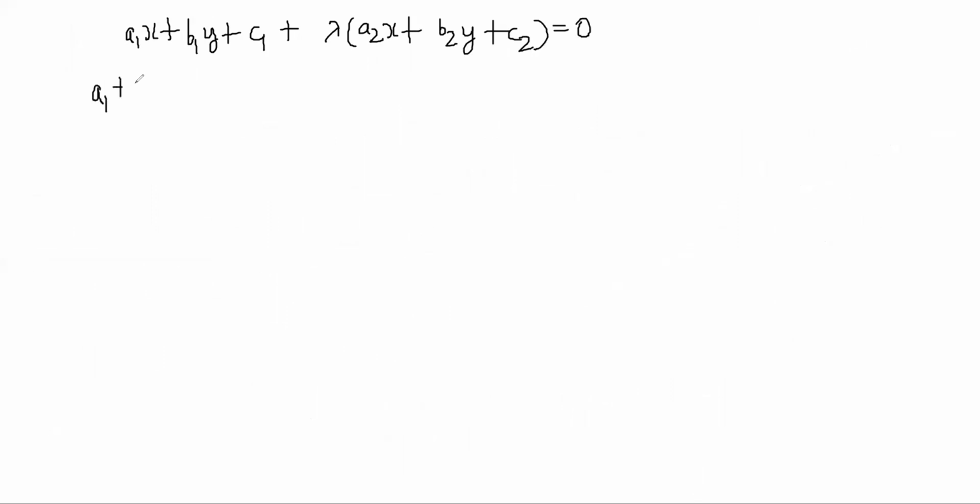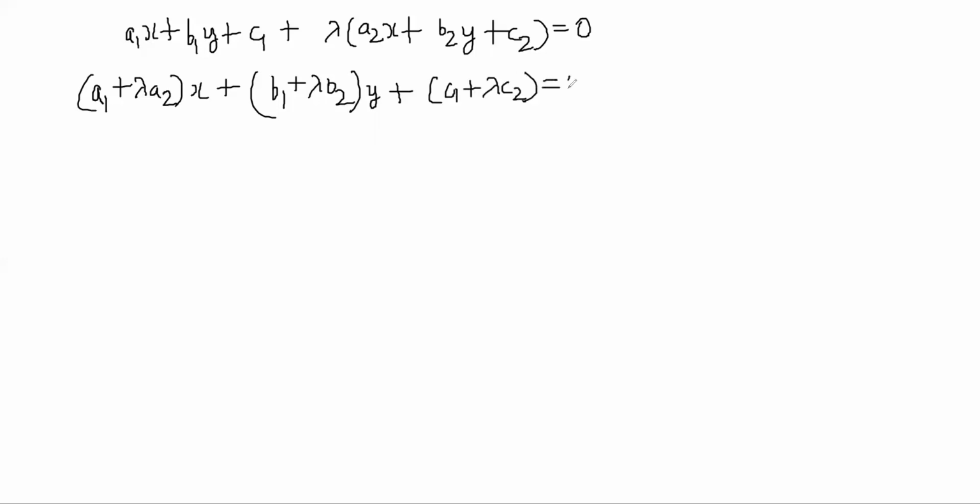This line is just (a1 plus lambda a2) x plus (b1 plus lambda b2) y plus (c1 plus lambda c2) is 0, right? So slope of this line is minus (a1 plus lambda a2) by (b1 plus lambda b2).